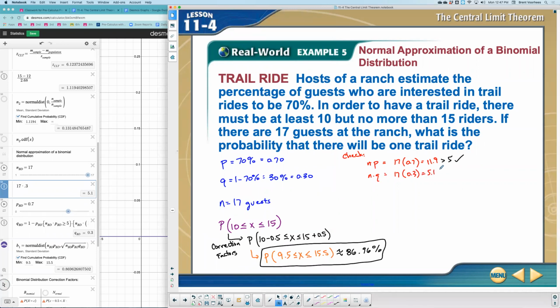So this is if you were going to be using a standard normal, you'd need to go through this process first. Now we would say, all right, this happens to be the mean. The mean here is going to equal n times the probability. This number of samples times the probability, which we had is 11.9. And the standard deviation, we would do the square root of n times p times q, which in this case would equal the square root of 17 times 0.7 times 0.3.